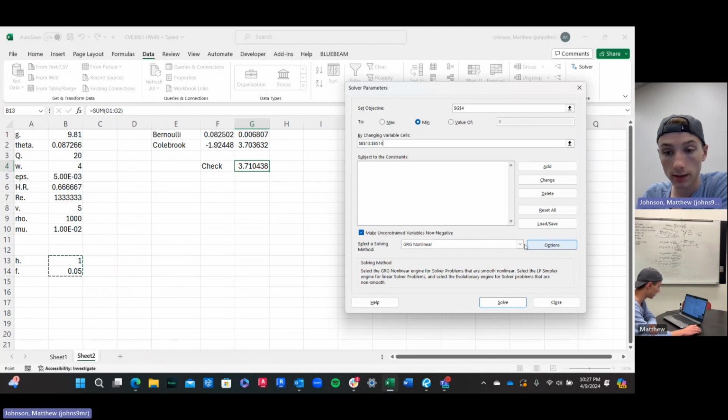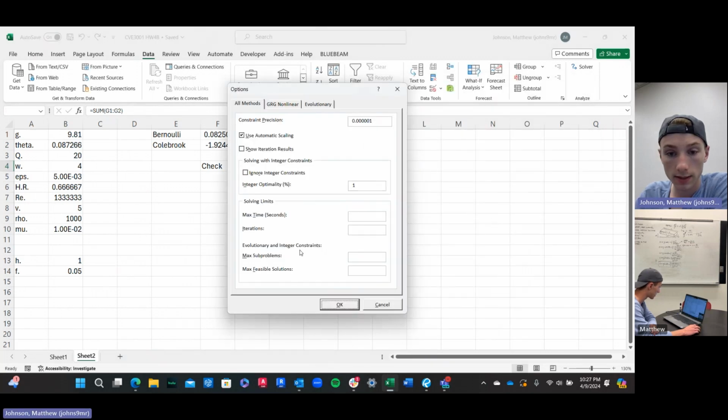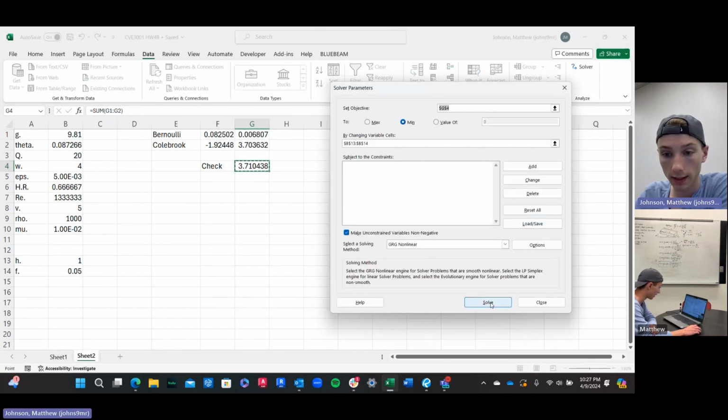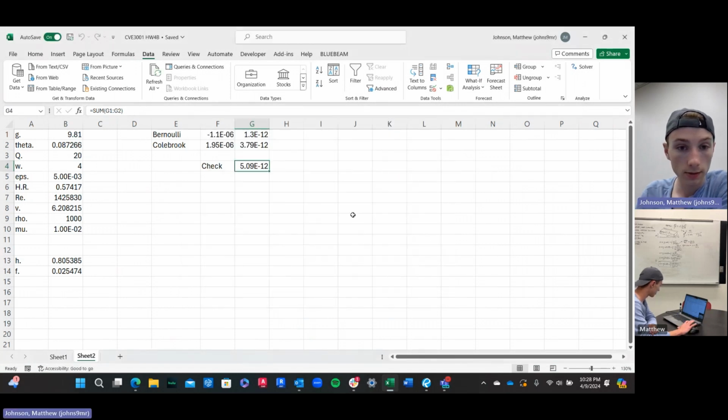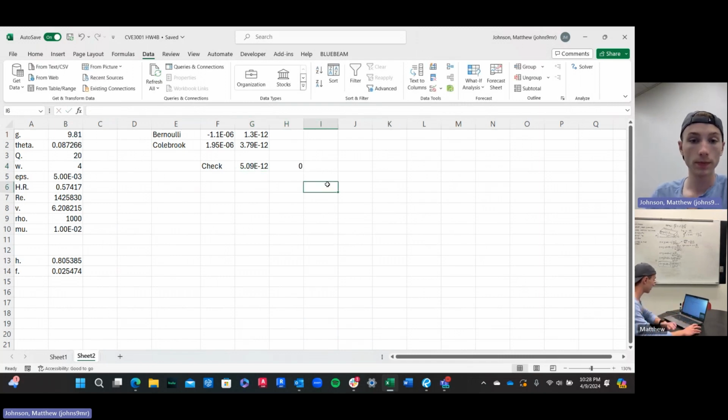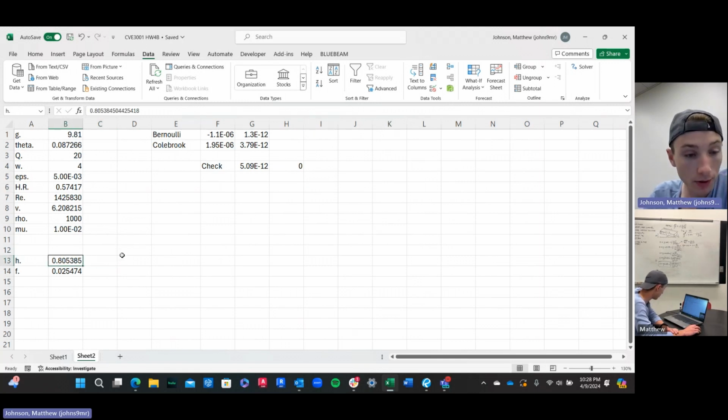We're using the GRG nonlinear solving method. Just make sure our automatic scaling is checked. Okay, and let's hit solve. There's our solution. You can see we get a very, very small number. Effectively, it's basically 0, right? And we have this output for height. So this is our height in meters of the water, 0.805.